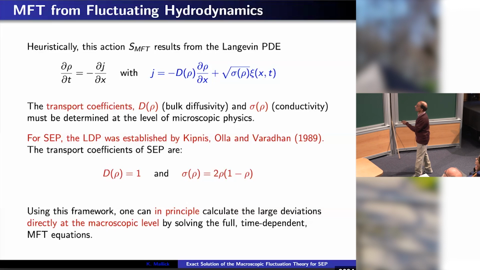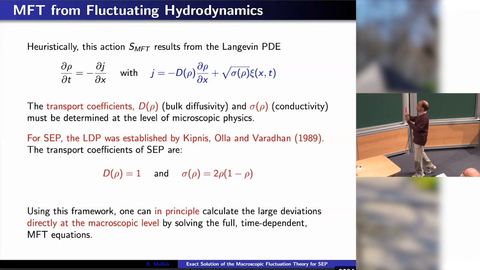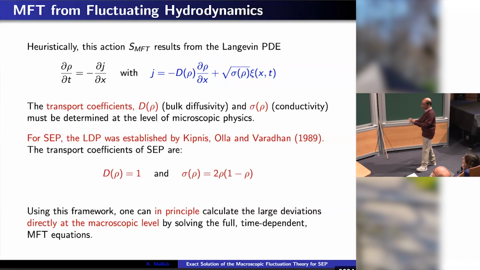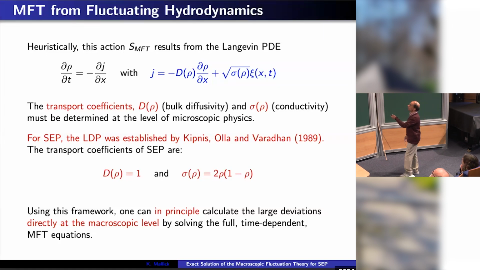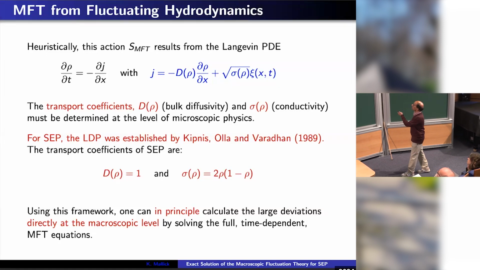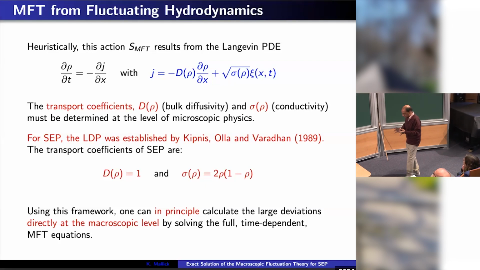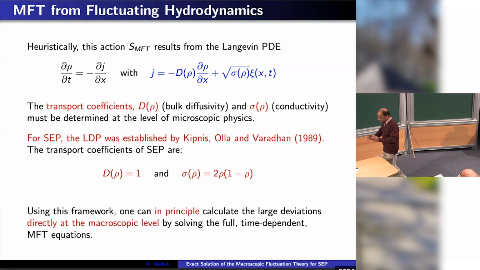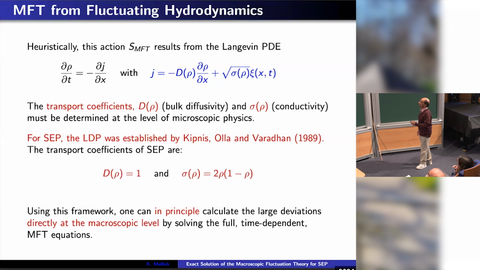But one very important point that I want to emphasize: although the general theory is still not on very firm mathematical ground, for the case of ZRP, the large deviation principle was established by Kipnis-Olla-Varadhan a long time ago. So you can say that the ZRP case of the macroscopic fluctuation theory is indeed on firm grounds. So it's good to start with that.